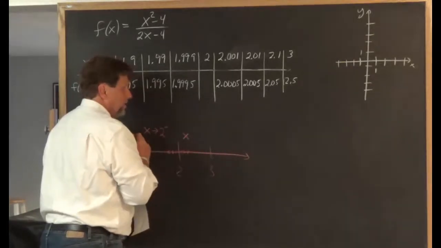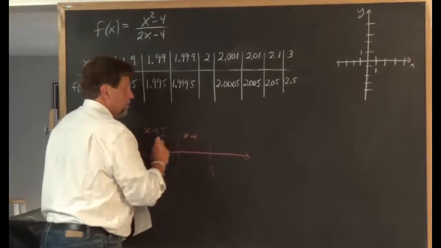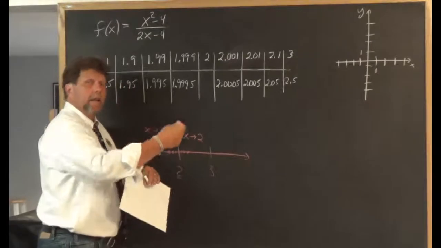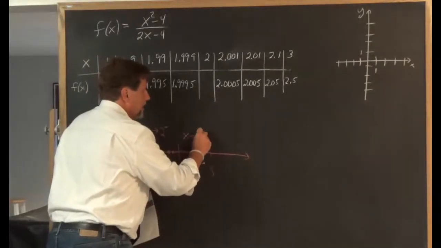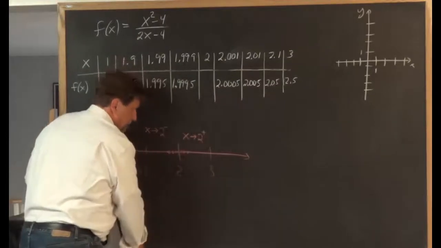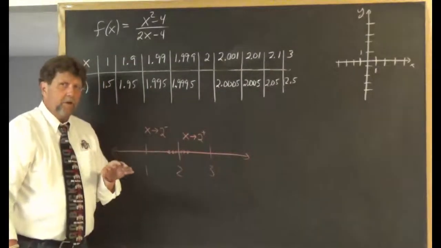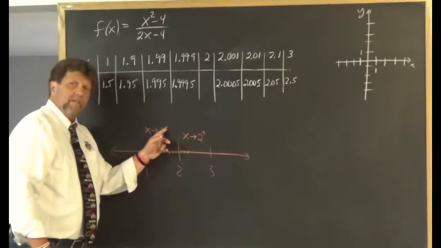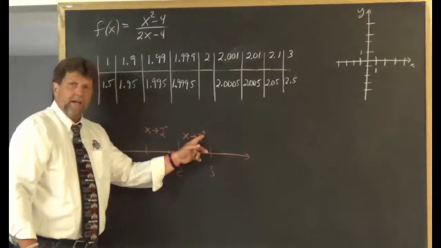So my shorthand notation is x is approaching 2. Now to communicate it's coming from the right side of 2, I'll put a little plus sign in what looks like the exponent position. So I wanted to introduce this notation. x approaches 2 from the left side of 2. x approaches 2 from the right side of 2.